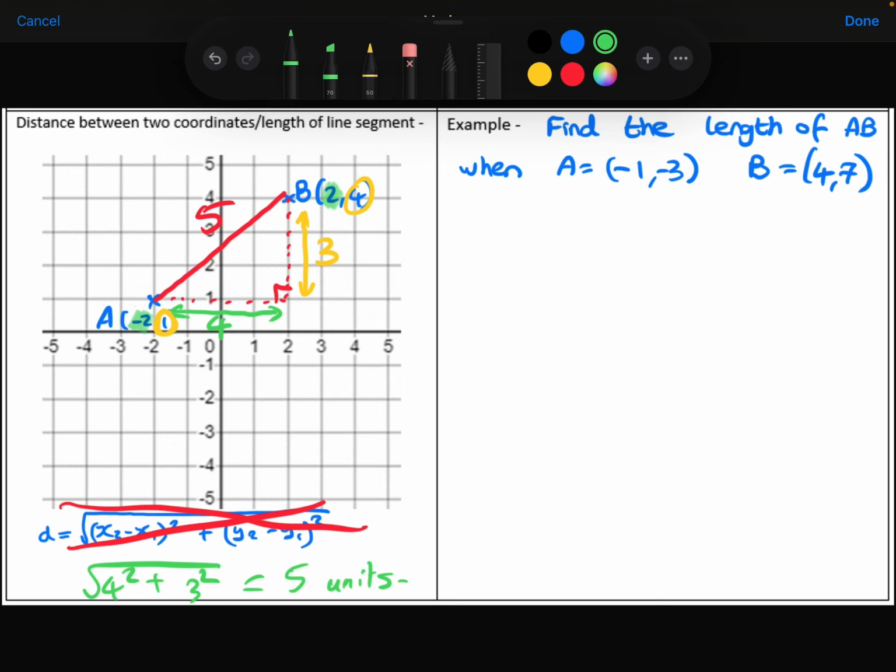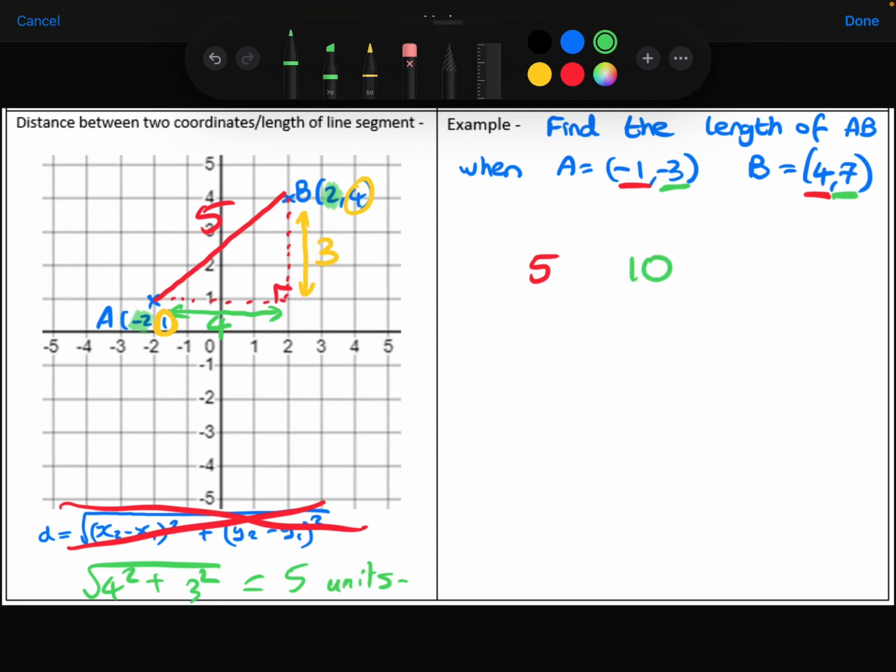So to work out the distance between 2 points, all you need to do, work out the change in the x coordinates, then work out the change in the y coordinates, and do a little bit of Pythagoras. So in this case, the difference between -1 and 4 is 5. The difference between -3 and 7 is 10.